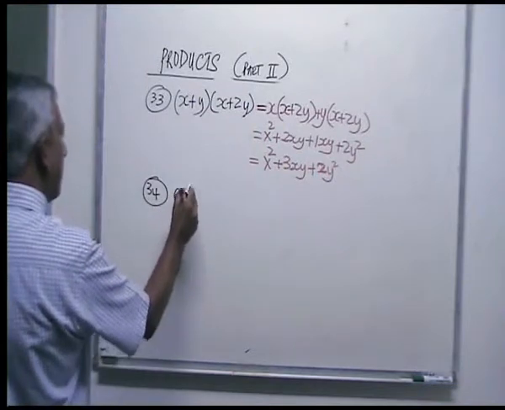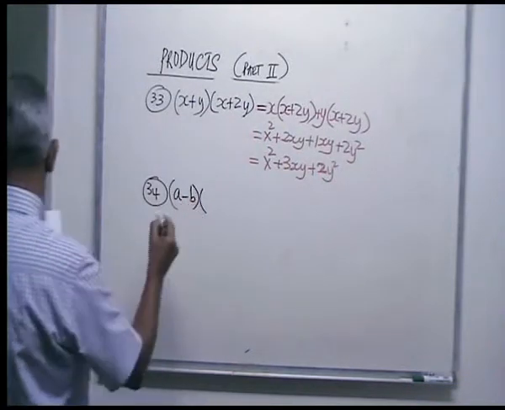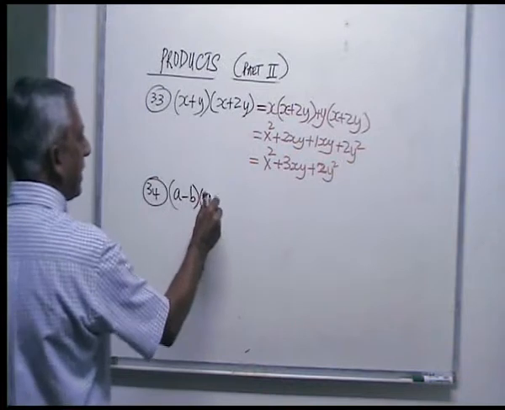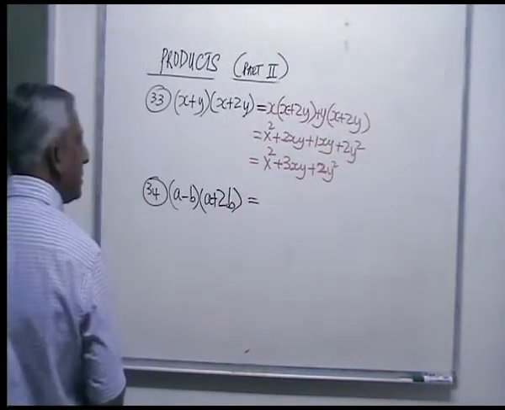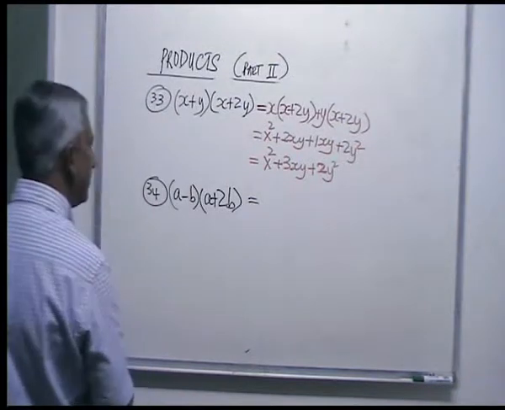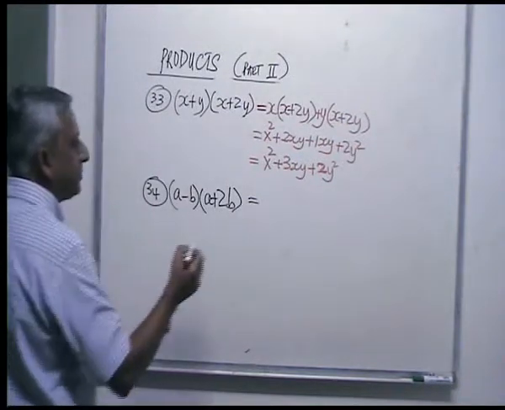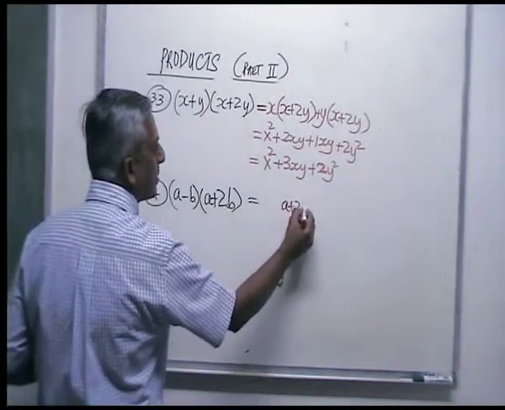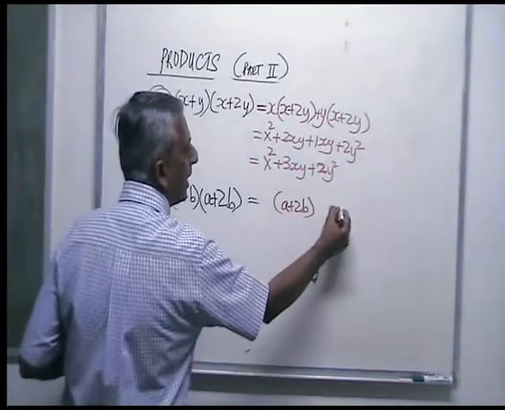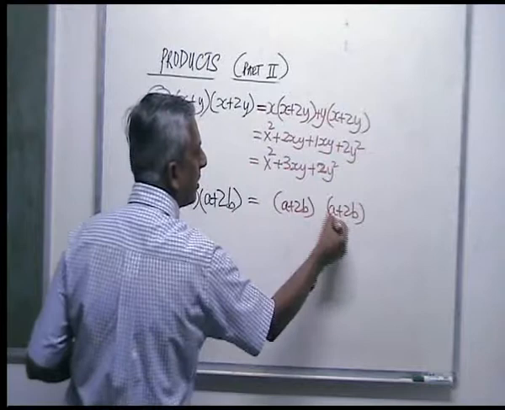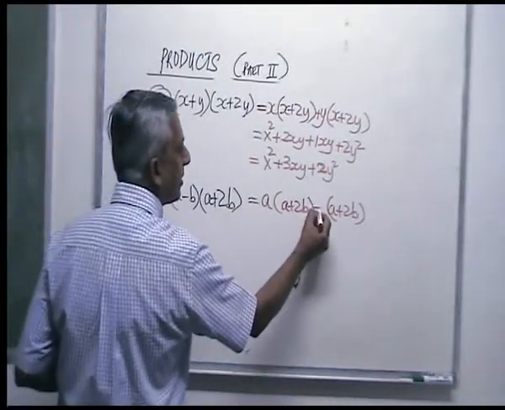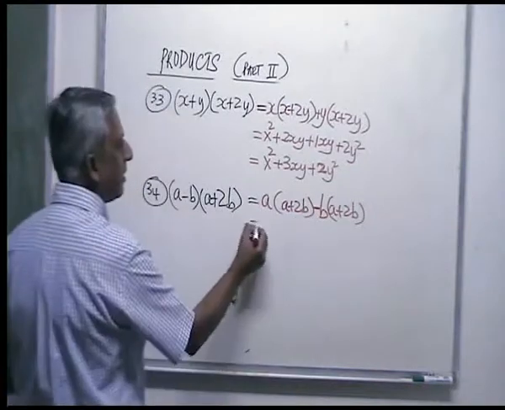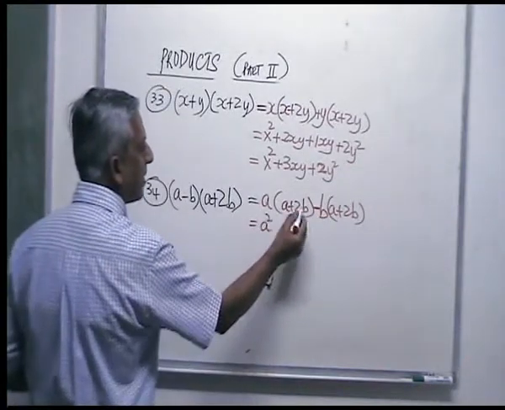Right, let's do number 34. Number 34, you got a minus b into a plus 2b. Alright, so that will give you a plus 2b, a plus 2b, and here you have a, and here you have minus b, and that gives you a squared.